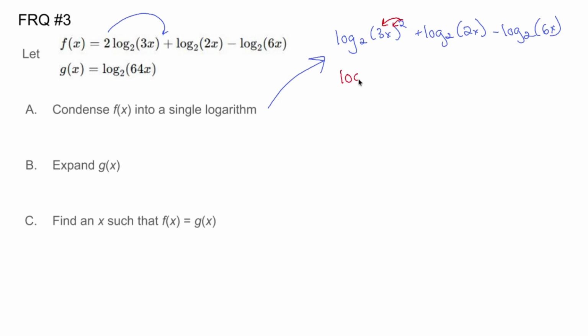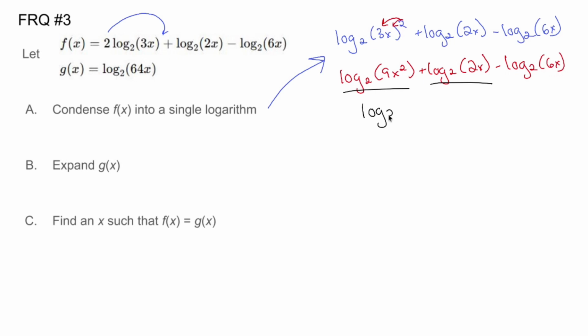So this actually becomes log base 2 of 3 squared, which is 9, x squared, plus log base 2 of 2x minus log base 2 of 6x. Whenever you add 2 logs of the same base, you multiply the insides. So this becomes log base 2 of 18, because 9 times 2, x squared times x is x cubed, and then I still have minus log base 2 of 6x lingering around.